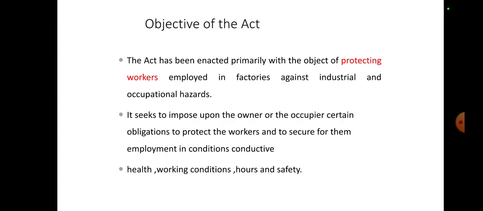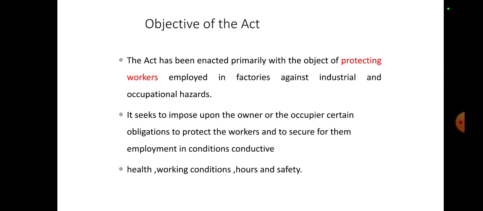For that, some rules and legislations have been framed in order to protect the interest of the workers against industrial and occupational hazards. This was the first objective of this act. Later it was extended to the other interests of the workers by different people, and that we will be discussing later.